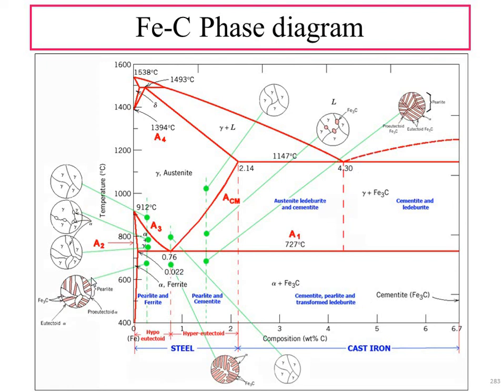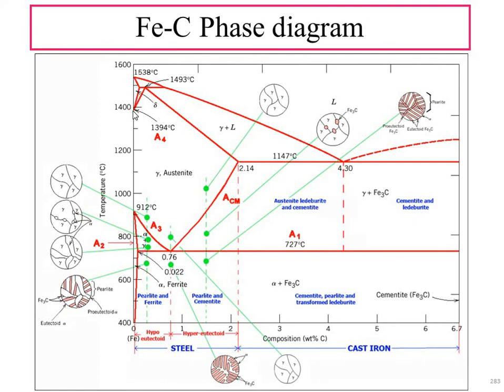Now coming to this, we will see the three solid state transformations. The first one is at 1538, or in some textbooks 1535 degrees centigrade. This temperature you need to take care of.